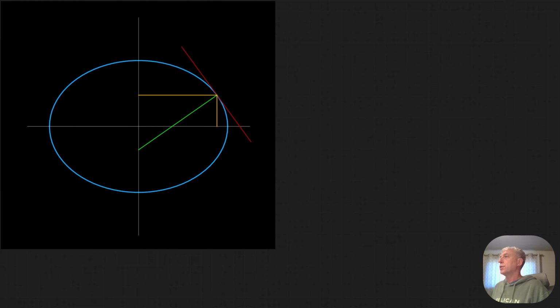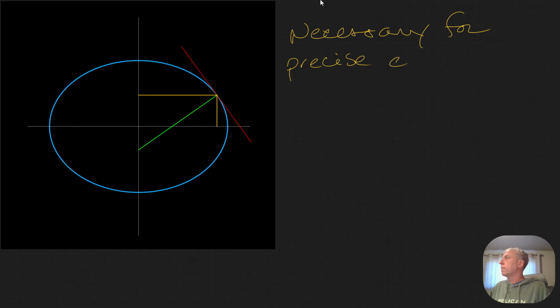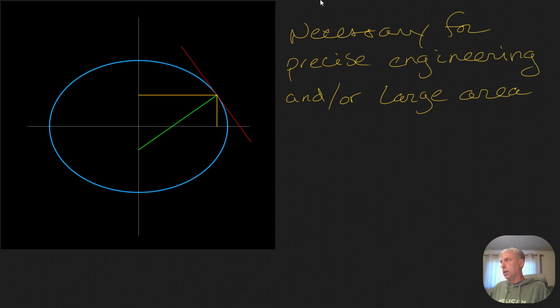Okay, so the first question is why do we need to get so complex and use ellipsoids? Well, an ellipsoid model is necessary for precise engineering and/or large area projects.